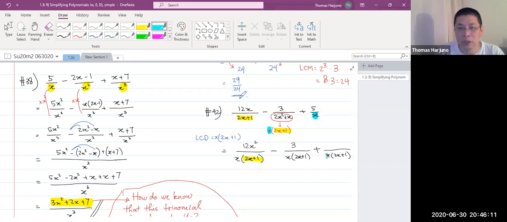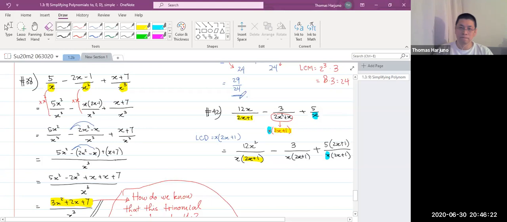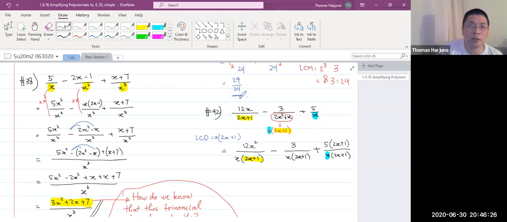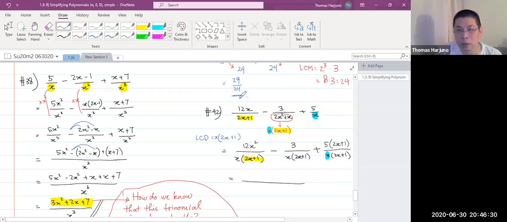For the last fraction, I already have x on the denominator, so I still need to multiply by 2x plus 1. Now, once they have the LCD, then we can put them together. Let me just put them together now.